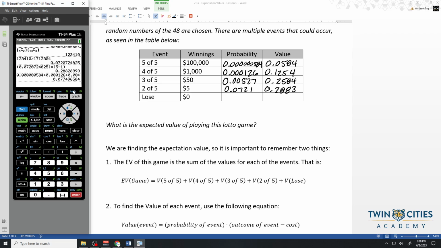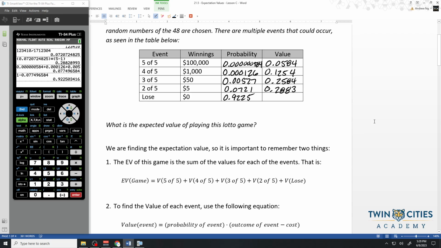That also means I can figure out the probability of losing. If I either win or lose, those are the only two things that could happen, then I could say 1 minus the probability to win is my probability to lose. So this is 0.9225. In other words, when you play this game, you lose a little over 92% of the time.